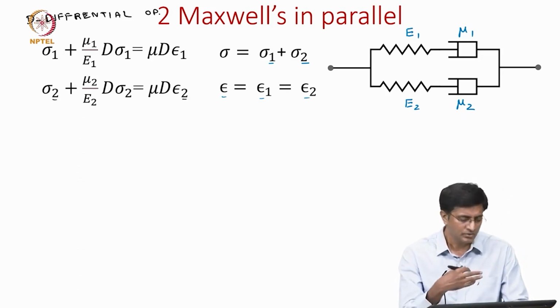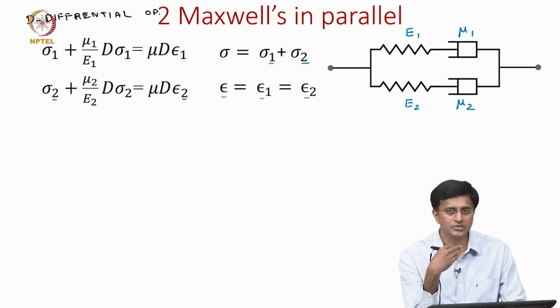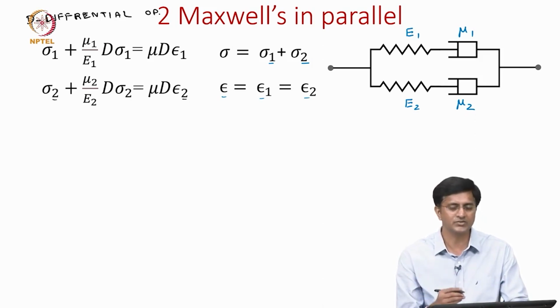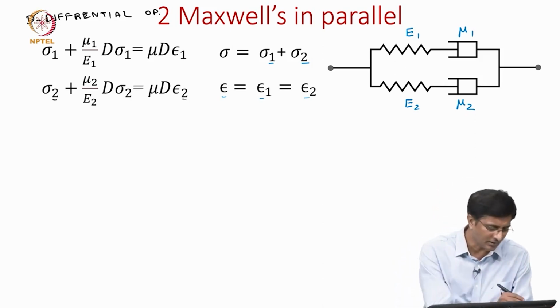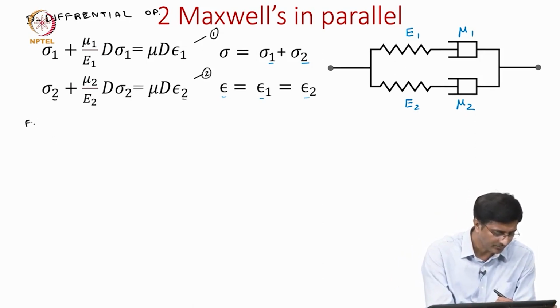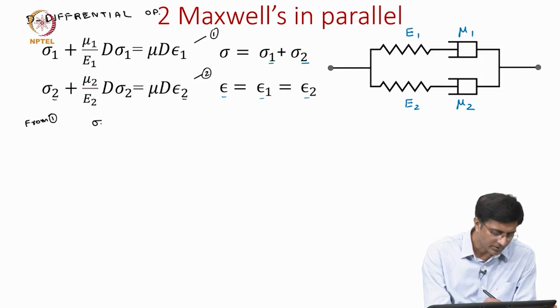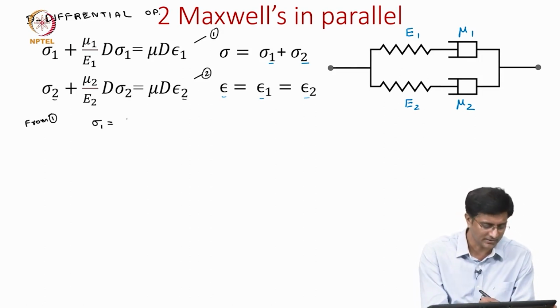Now that we have the constitutive equations of the first and the second Maxwell model, let us see how we can use this information to develop the stress strain relation for these two Maxwells in parallel. For that, let us number these equations 1 and 2. From 1, we should be able to bring the stress term sigma 1 to the left and move the other coefficients to the right hand side.